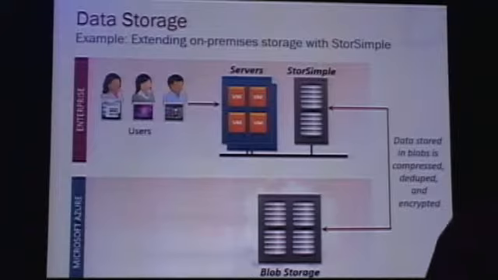Because what it's doing is, in the background, it's moving data back and forth to Azure Blob Storage. In the process, it dedupes, it compresses, it encrypts the data, and puts it in blobs. On demand, as you need it, it will pull it back. If it's not used often, it pushes it out. The Store Simple device acts like a cache.